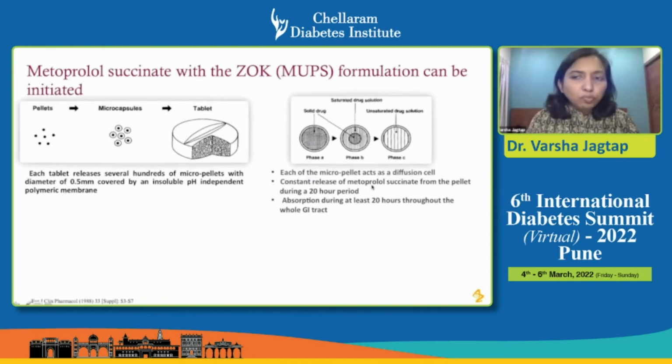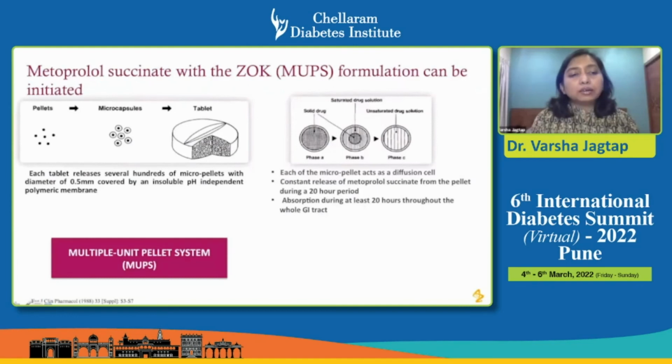It has a higher beta 1 selectivity and fewer side effects, a higher degree of response among hypertensive patients, and therefore better tolerability. Because of its specific outer membrane, its absorption is not interfered with by food intake, pH, or intestinal motility.